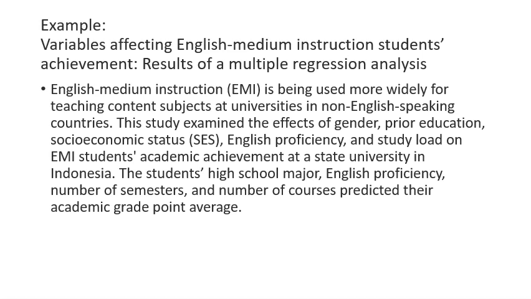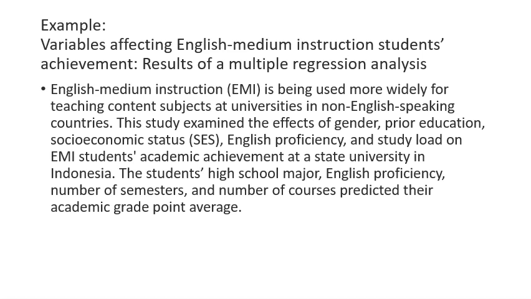English medium instruction is being used more widely for teaching content subjects at universities in non-English speaking countries. This study examined the effects of gender, prior education, socioeconomic status, English proficiency, and study load on English medium instruction students' academic achievement at a state university in Indonesia. Yes, there it is.